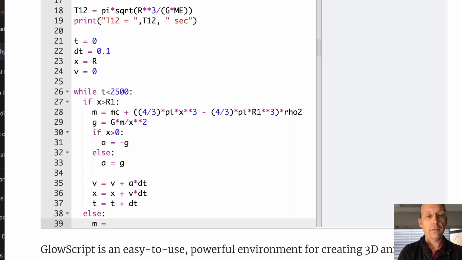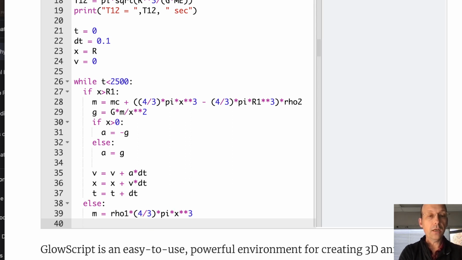equals just the density, which is the rho 1, times the volume, which is going to be 4/3 times pi times x cubed; I've already calculated rho 1. g equals G times m divided by x squared.